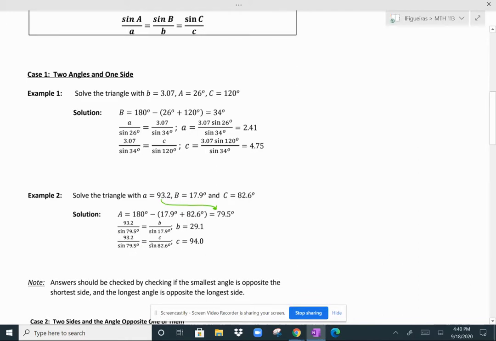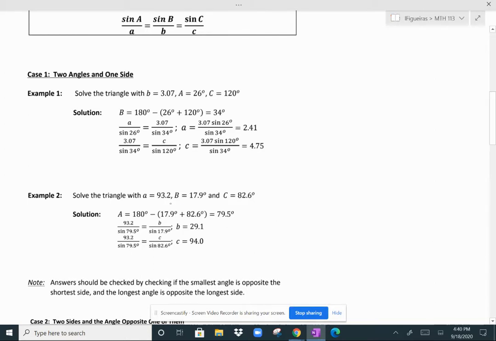A over sine of A equals, and then solve for B right here, equals B over sine of 17.9 degrees. Again, cross multiply, move the sine of 17.9 over to the left, and you get that B is 29.1 units. So again, 1 decimal place for A, make sure your B also has 1 decimal place.